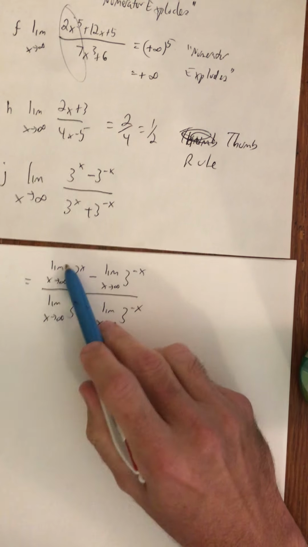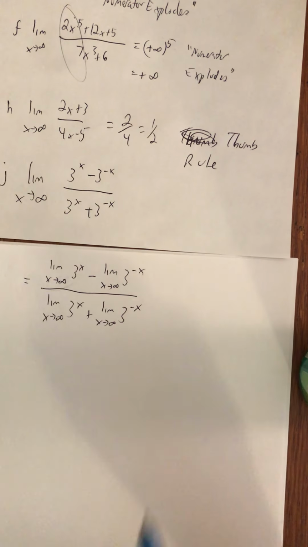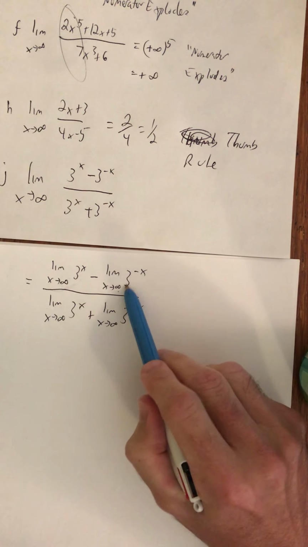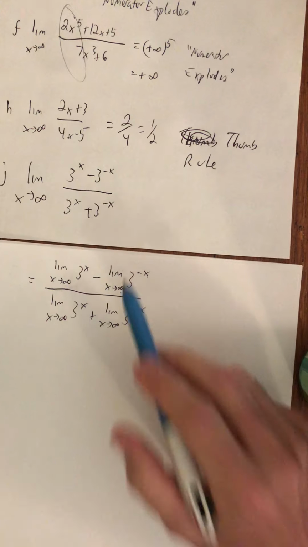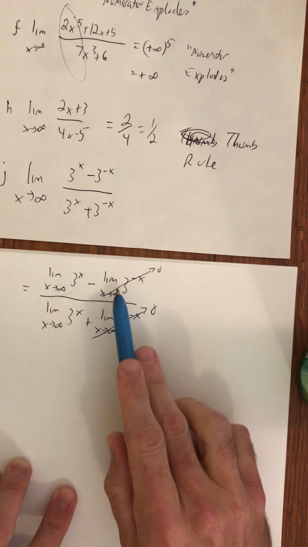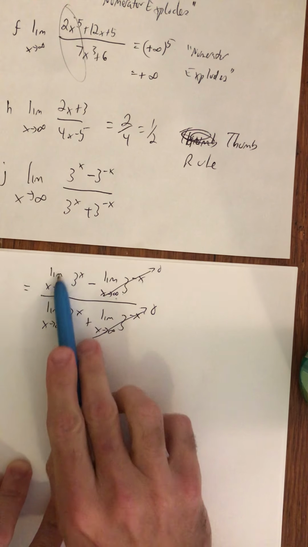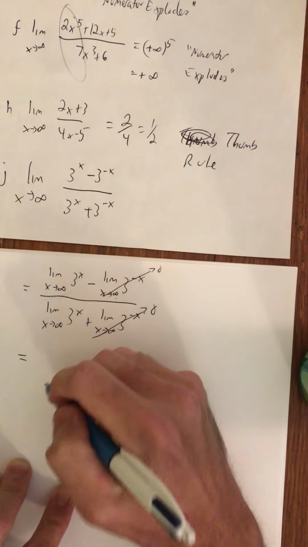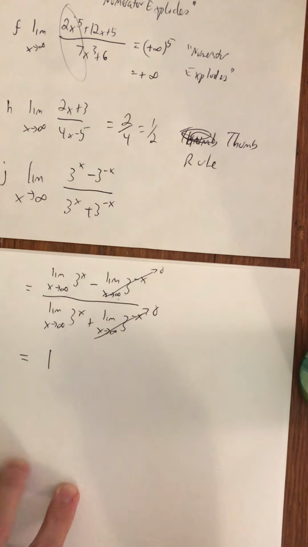But these are going to infinity at the same ratio as each other. Interesting. But we've got these other terms here. As 3 to the negative infinity, this term just goes to 0, right? 0, 0. Now if that term's 0 and that term's 0, what I've got here is the same expression over itself, and then I can just use my normal identity, and that's just equal to 1.